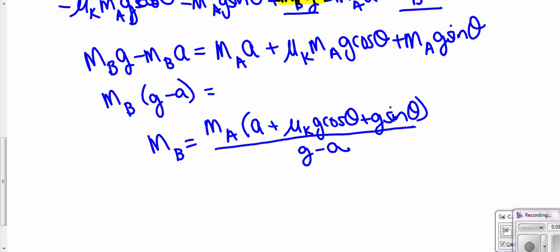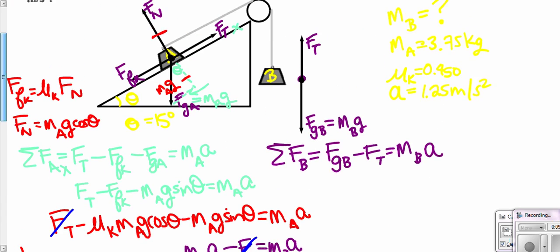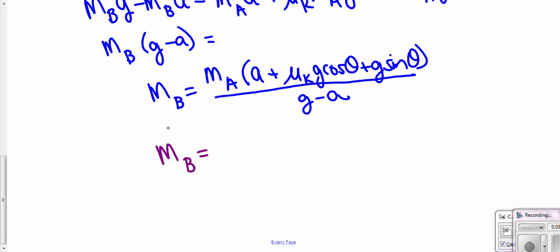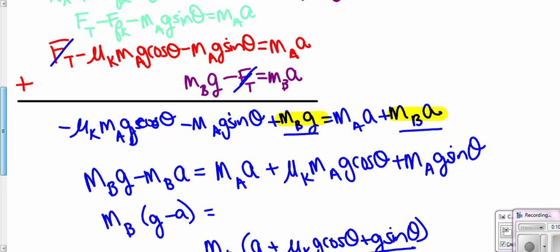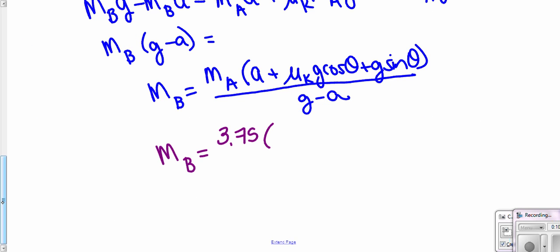And if we substitute in some values, it's pretty ugly. But we know all of these values. We know the mass of A was, what did it tell us? 3.75 kilograms. The acceleration is 1.25, I believe. Yep, have to keep scrolling up.